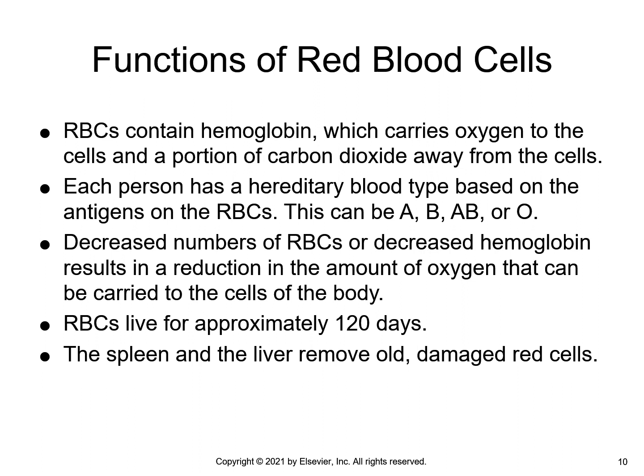The normal range of red blood cells for an adult is 4.2 to 6.2 million cells, and it varies by gender. For hemoglobin, the normal range is 12 to 18 grams per deciliter. This also varies by gender.